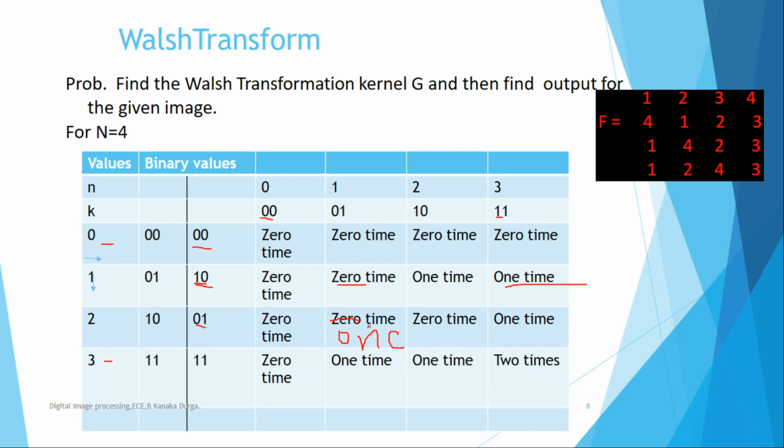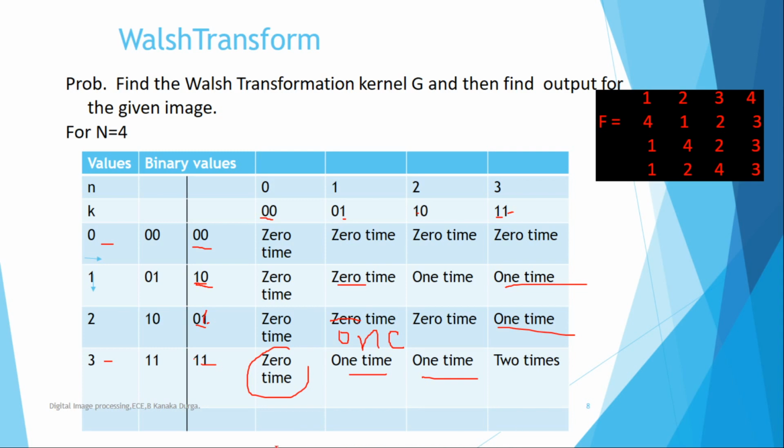Next one, the first bit is 0 and the second bit is 1, and in this the 0th position of this 1 is overlapping with this, so 1 time overlaps. Next 1 1, no overlapping, so 0 times, and in this, this one and this one overlap, so 1 time. And in this one, it is going to overlap with this one, so 1 time. And last, 1 1, it goes for 2 times.